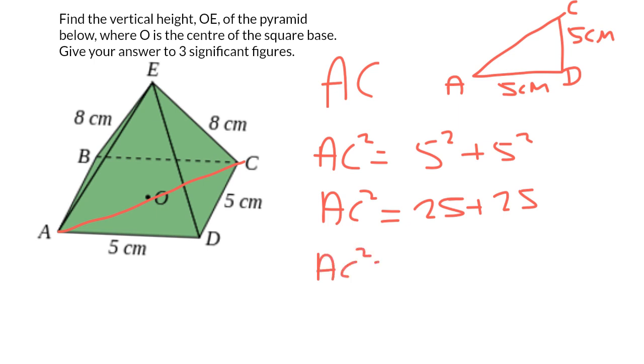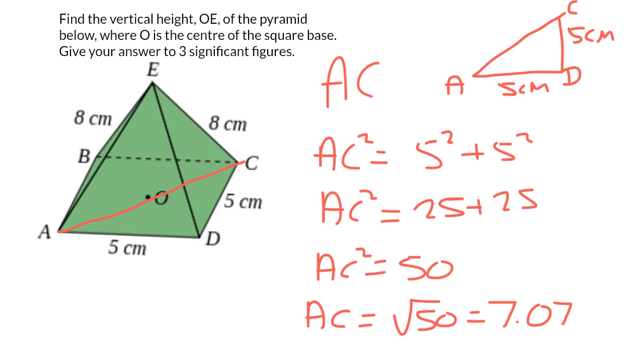So AC squared is 50. So AC is going to be the square root of 50, which is 7.0710678. Now you could store your answer, or you could leave it with that many decimal places.